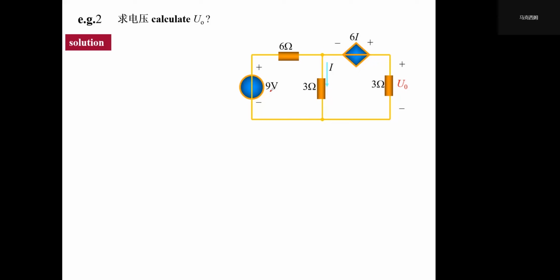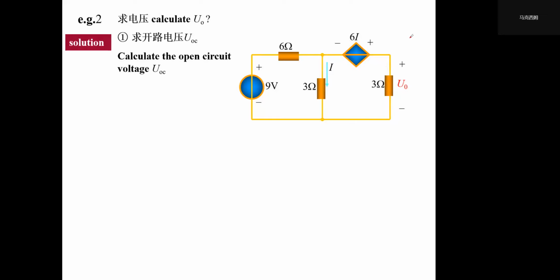QCL, QVL equations to master it, to solve this problem. But today, since we want to know the voltage of this 3 ohm resistor, we can just transform this kind of circuit into the standard form of the Thevenin problem.